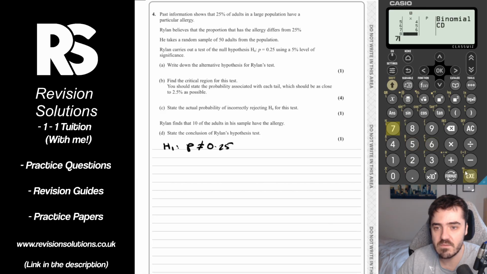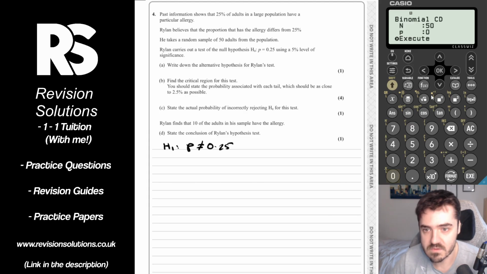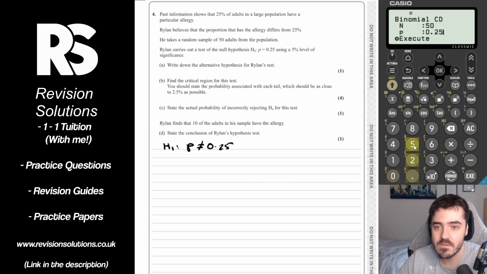So I'm going to go up to 7, see if that gets us close enough to where we go over 2.5% and under to see where the critical region would be. So the n is 50, there's a sample size of 50. The p-value is 0.25. So let's see if we get to 2.5%. This all looks too small at the moment. No, we can see we actually do.